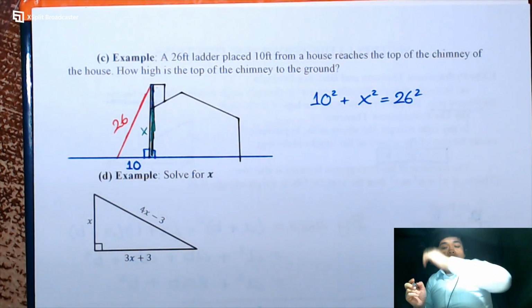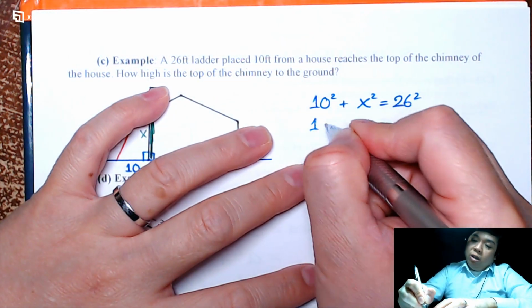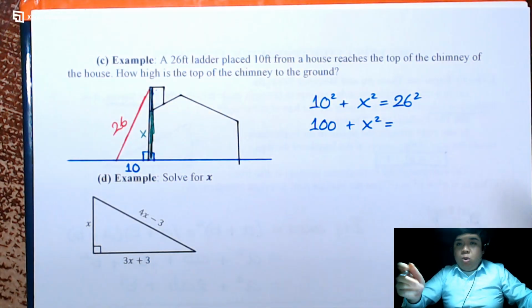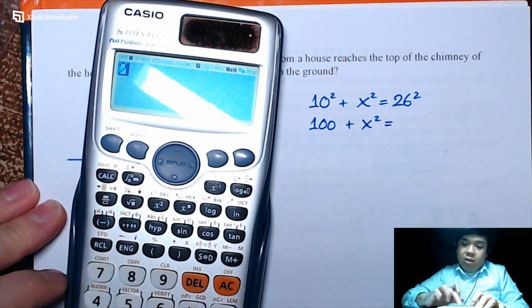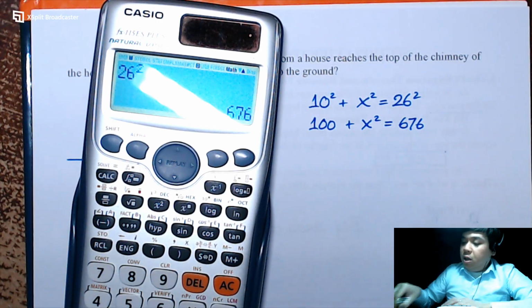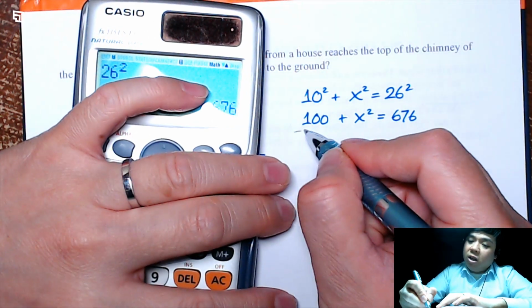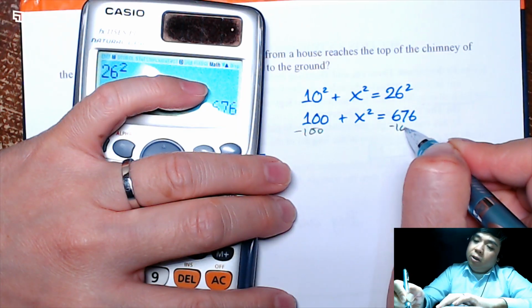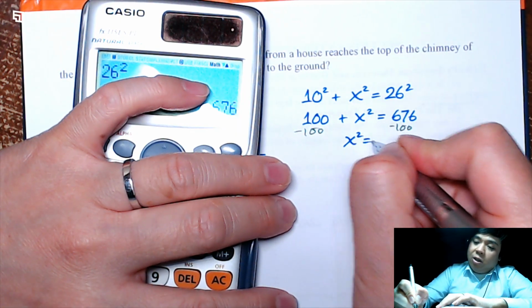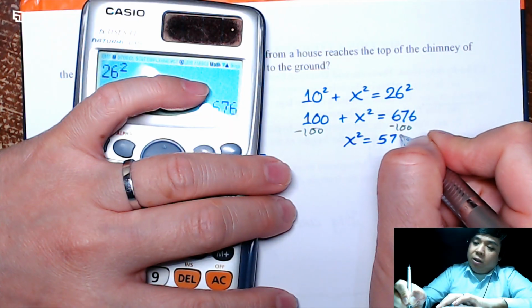Now just solve for x. 10 squared is 100, plus x squared, and 26 squared is 676. Subtract 100 on both sides. So x squared is equal to 576.